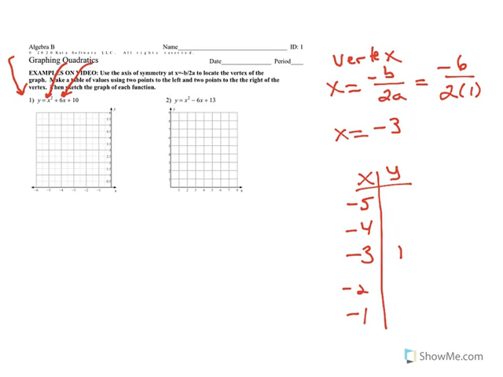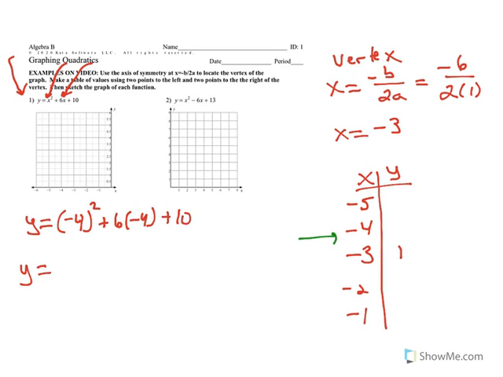So we'll do the -4. So we'll put in -4. So y equals, x is going to be -4, so it's -4 squared plus 6 times -4 plus 10.